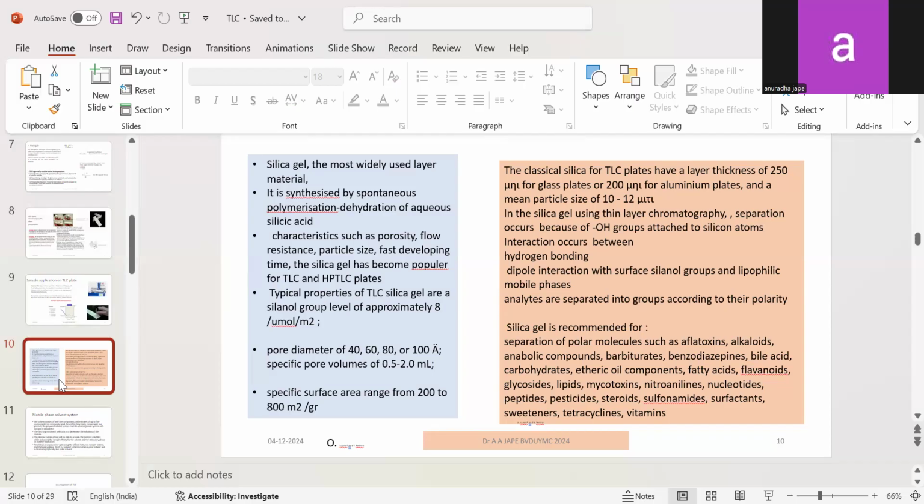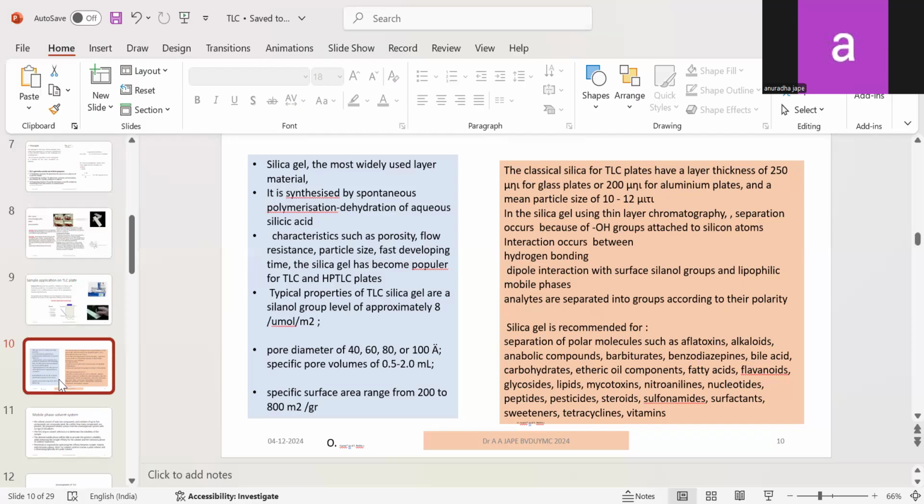So when an analyte is going to move onto the TLC plate, the factors which decide the efficiency of the process are the silica gel pore size, the diameter of the particle, the volume it holds, the thickness of the layer that is prepared, and further the number of OH groups which are present as SiOH groups, silicon and hydroxyl groups attached to it.